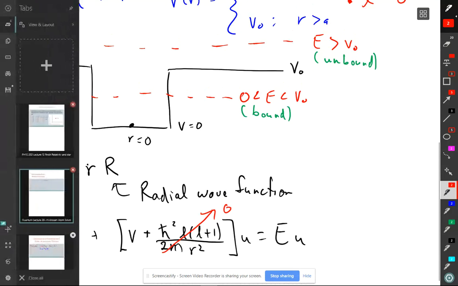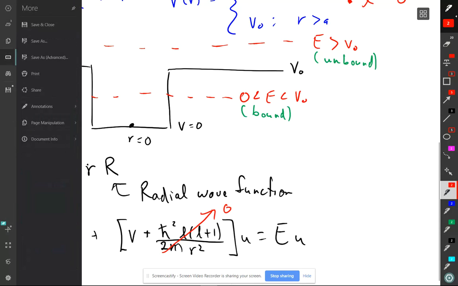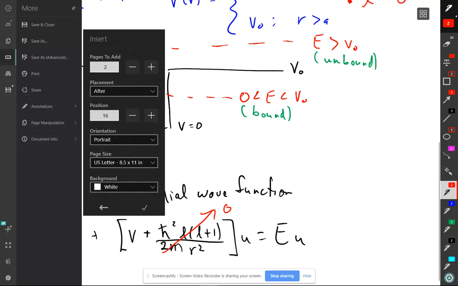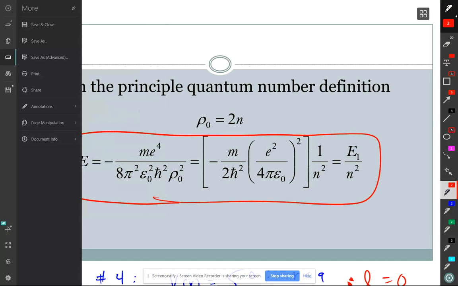So I'll add a couple pages just because God only knows how many pages I'm going to use here. So if we take that and rewrite it with L equals 0, we can simplify this further.